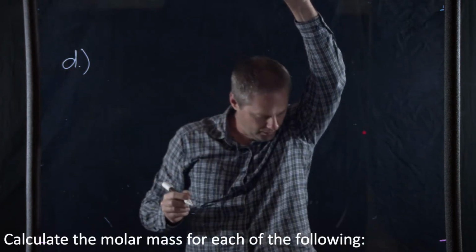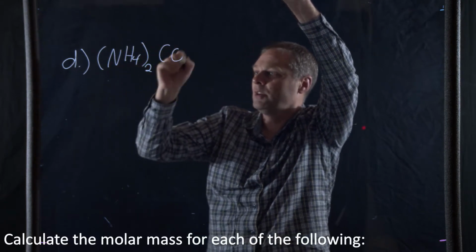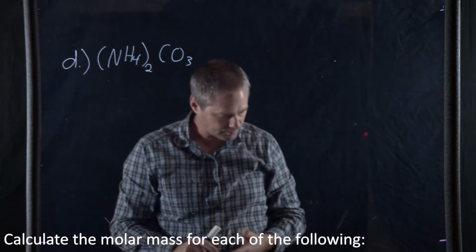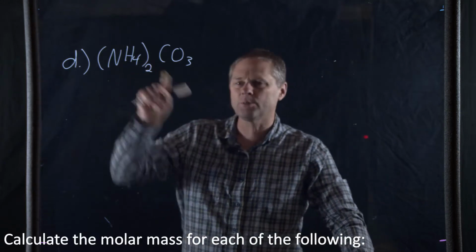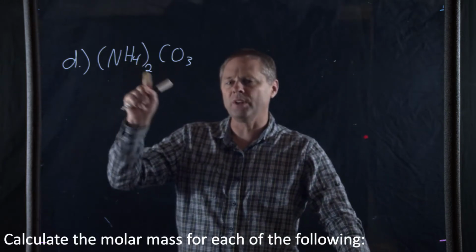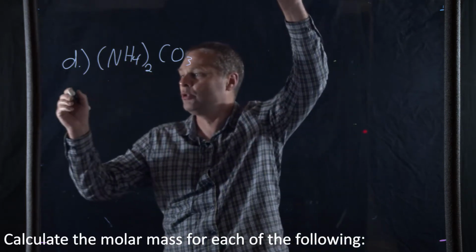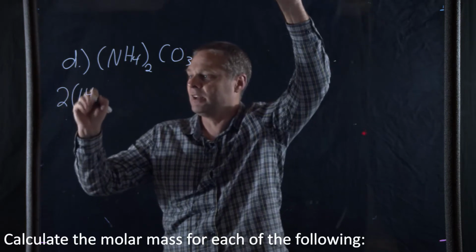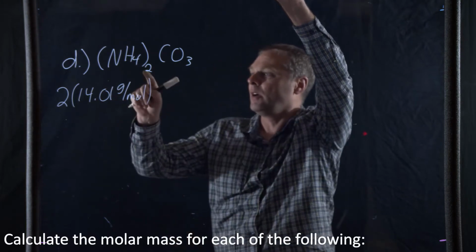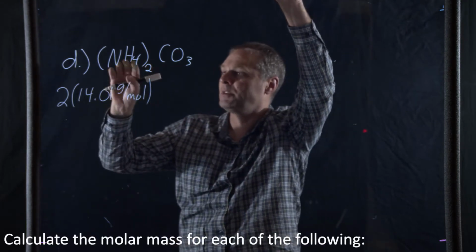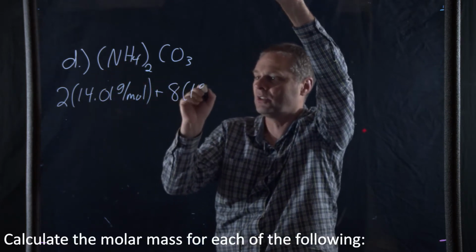All right. So this will be baking powder, and this is going to be NH4, 2 of them, plus CO3. And what this parentheses means is that we have 2 of the ammonium ions in there. So when we calculate the molar mass of this, we have 2 nitrogens, and they're going to be 14.01 grams per mole. The parentheses 2 simply means we have 2 of these molecules. So we have 2 nitrogens, and then we're going to have 8 hydrogens.